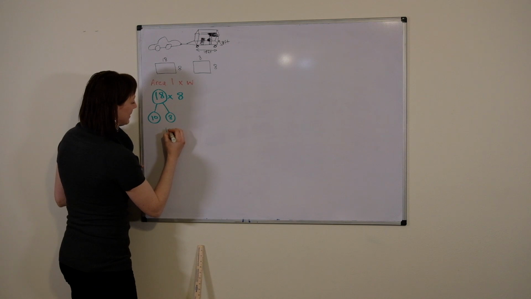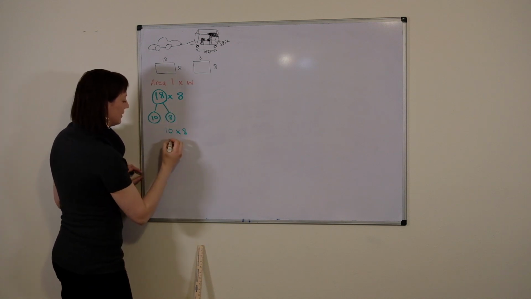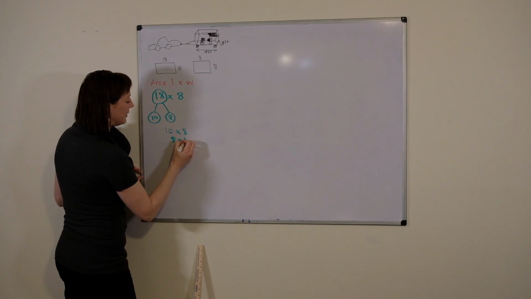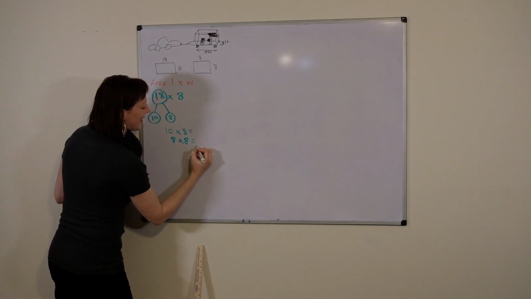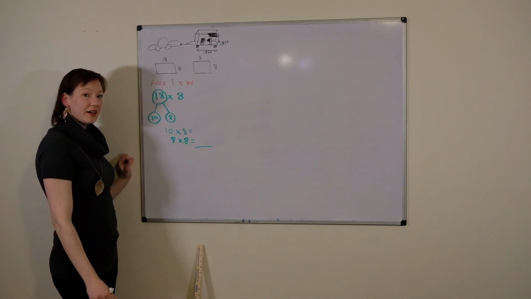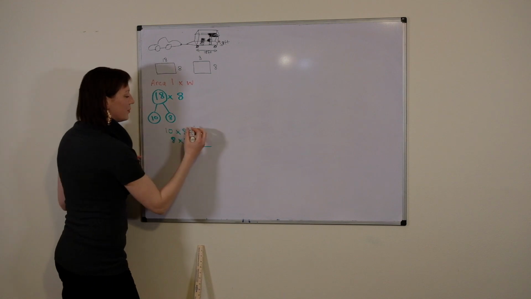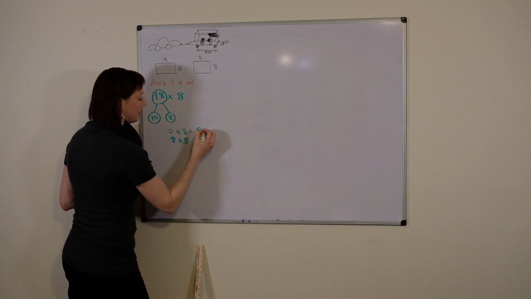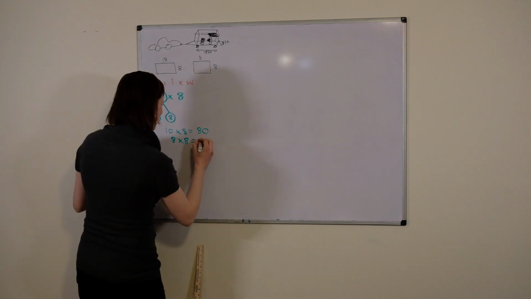We can do 10 times 8 and 8 times 8, and add those to get our area. What is 10 times 8? 8 times 1 is 8, add the 0. 8 times 8 is, you're right, 64.